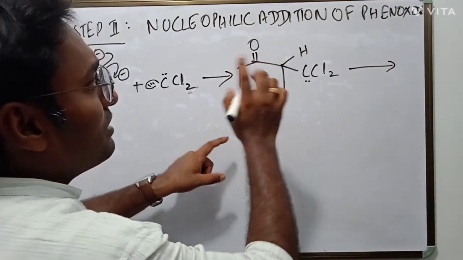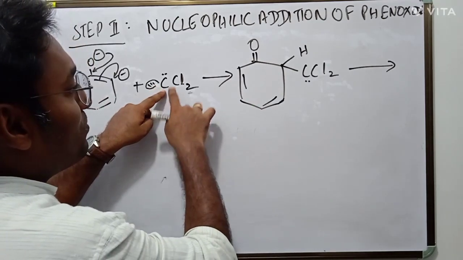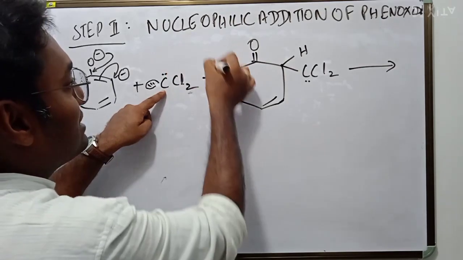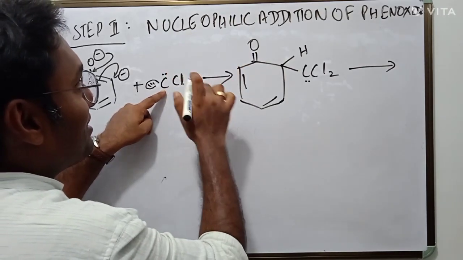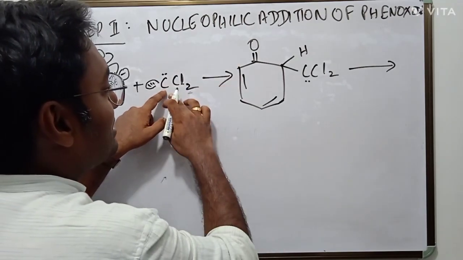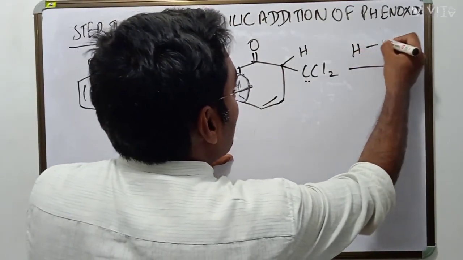Now what would happen? Do you remember that in the first step H2O was formed when chloroform reacted with OH minus and it took H, right?